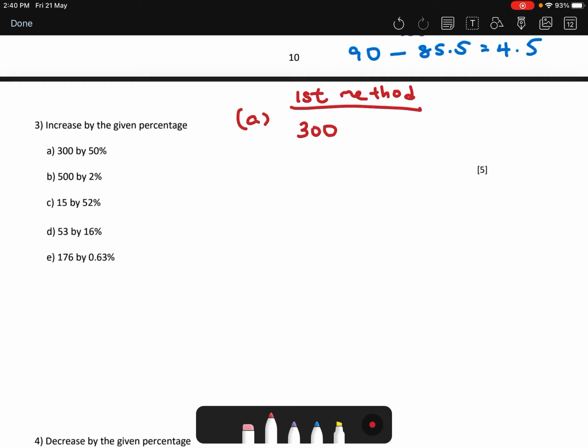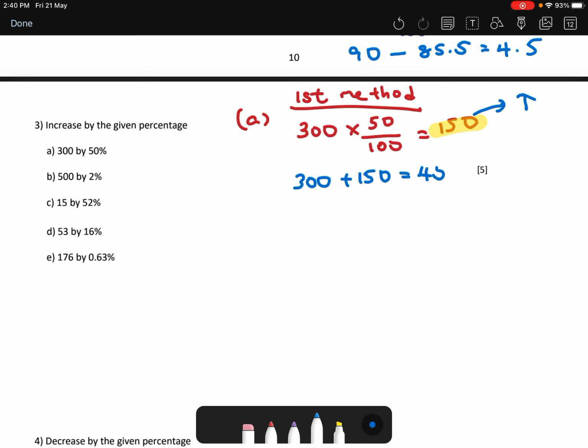So 300, you times 50 over 100. This one is increase. So it's about 150. So 150 is how much I increase. So 300, you plus 150 is about 450. This is the first method.